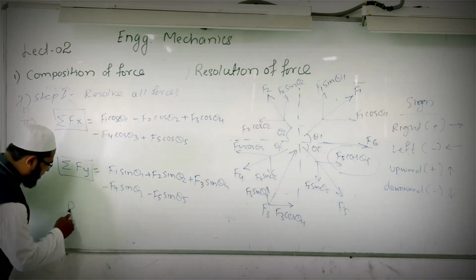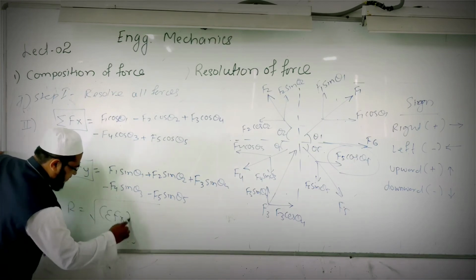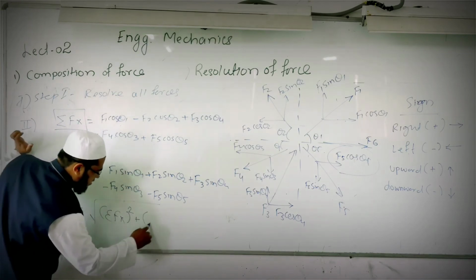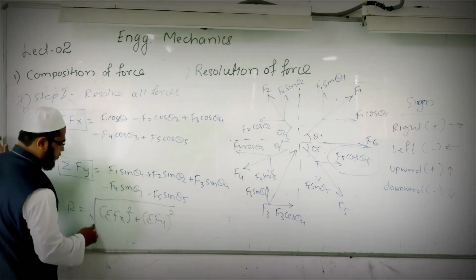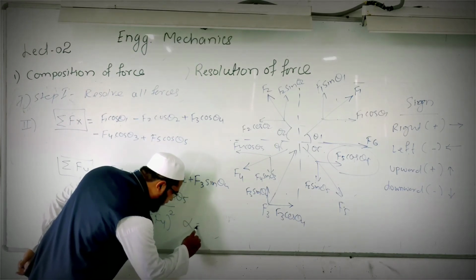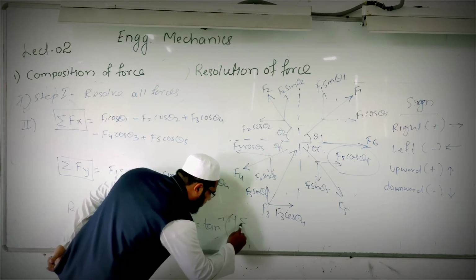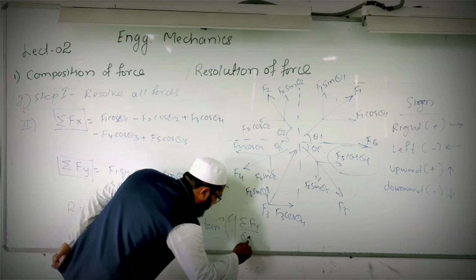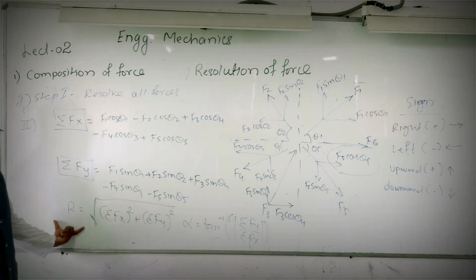Therefore R equals the square root of summation Fx squared plus summation Fy squared. It is the resultant of the force system. And if we find the direction of the resultant, it is tan inverse of mod summation Fy divided by summation Fx. It is a very important formula.